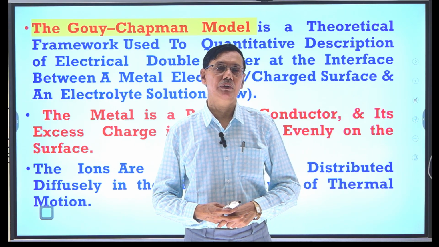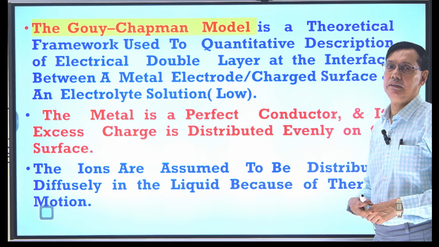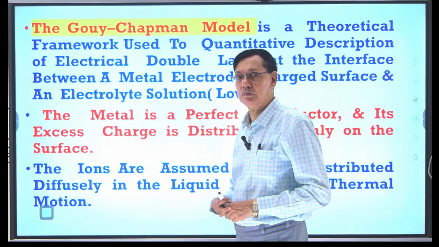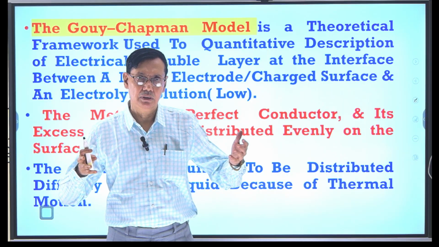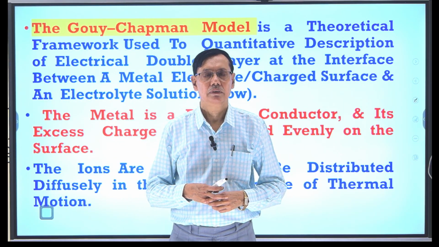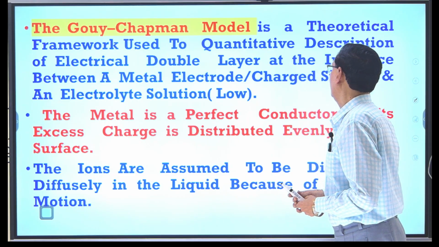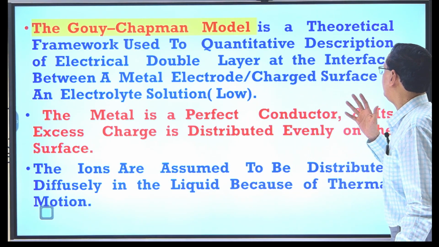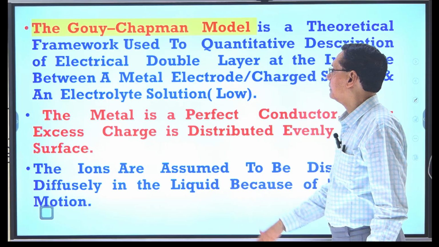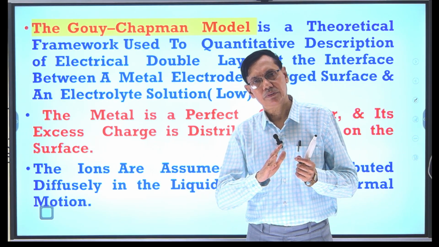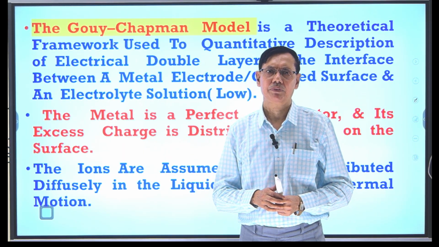I must confess that this is one of the best theoretical models, and I must tell you that it is a mathematical model, because there is some elementary mathematics, trigonometry or differential and integral calculus we will use. So it is a theoretical model, and you can call it a quantitative description of the electrical double layer at the interface between a metal electrode, generally we call it a charged surface, and the electrolyte.